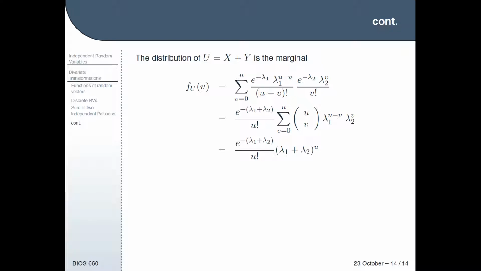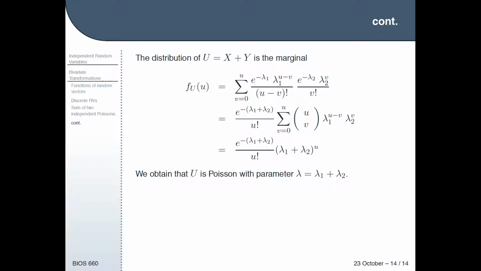So that tells us that the marginal distribution of u, i.e. the distribution of x plus y, is just e to the minus (lambda 1 plus lambda 2) times (lambda 1 plus lambda 2) to the power u over u factorial.